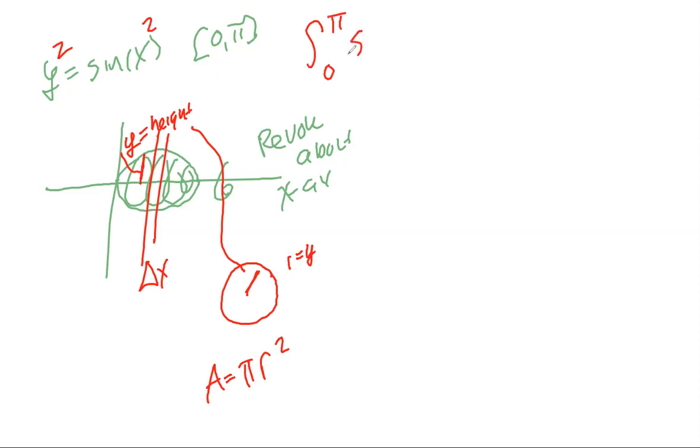So this would be the integral of sine squared x dx. And we would have to have our pi there as well. The pi is always going to be pulled out in front. It's a constant, but this right here is area. This is thickness. That other dimension, that's going to give us the total volume.